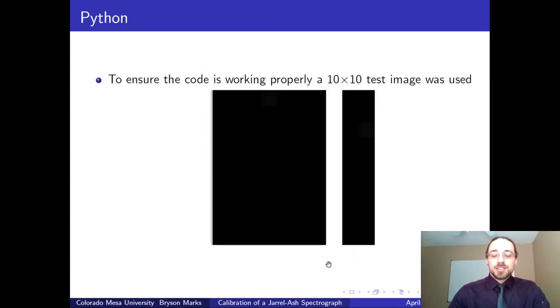To ensure this code is working properly, I decided to use a test 10 by 10 image. The reason for that is because our actual images are 880 pixels wide by 643 pixels high. Using a test 10 by 10 image, the output is a little more manageable and we can actually see what's going on.